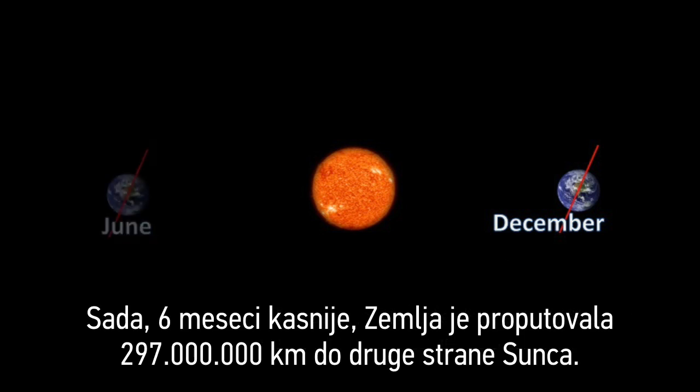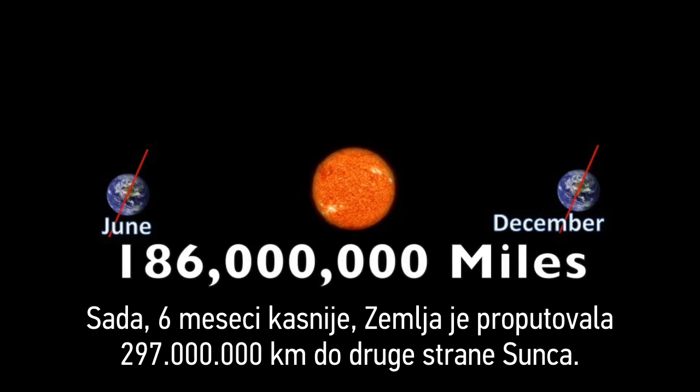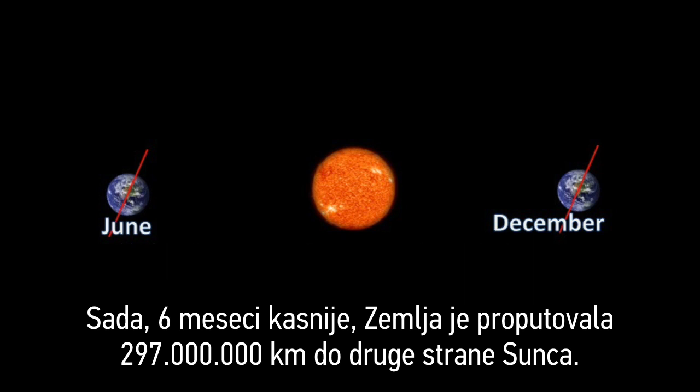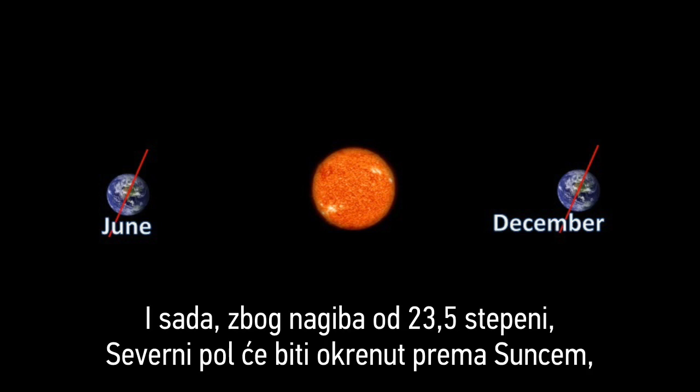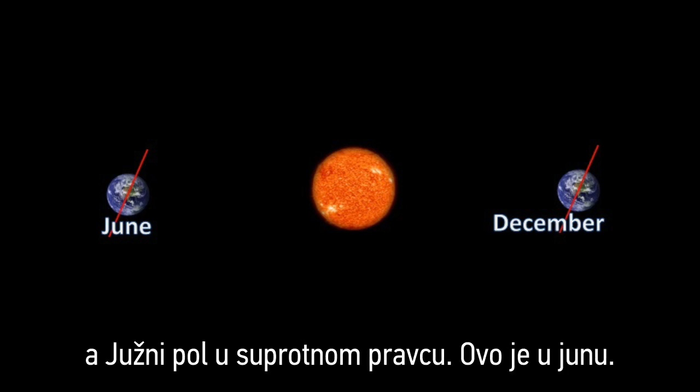Now, 6 months later, the Earth will have moved 186 million miles to the other side of the sun. And now the 23.5-degree tilt will have the North Pole facing the sun and the South Pole facing away from the sun. This is the month of June.